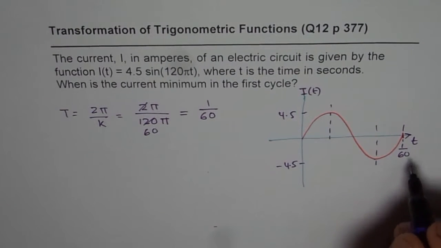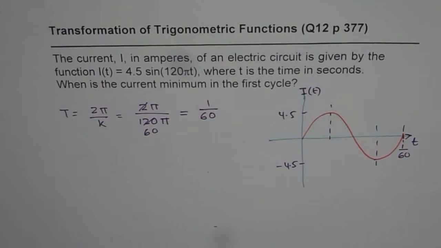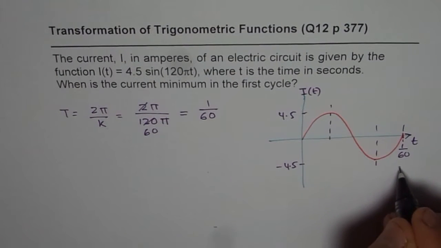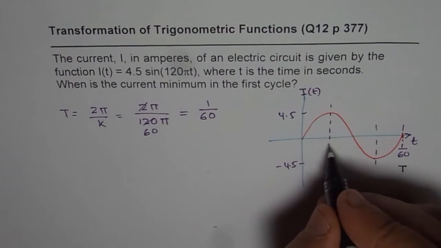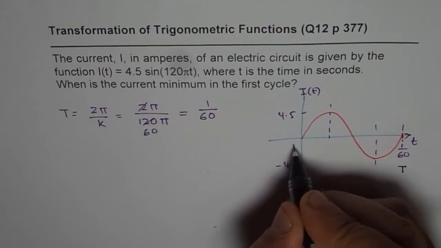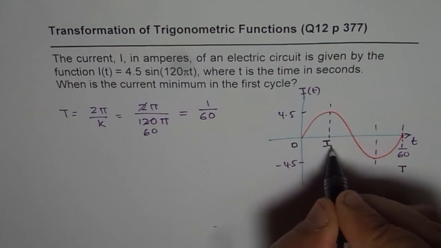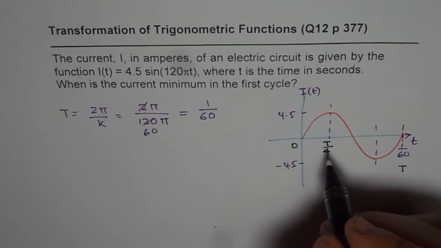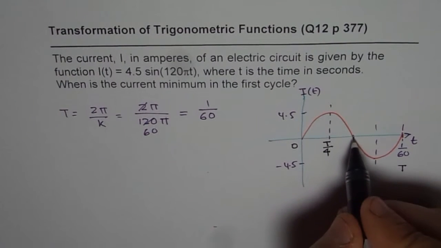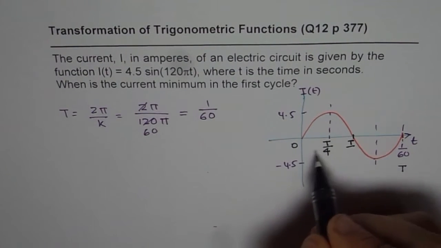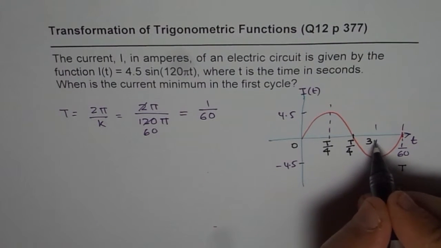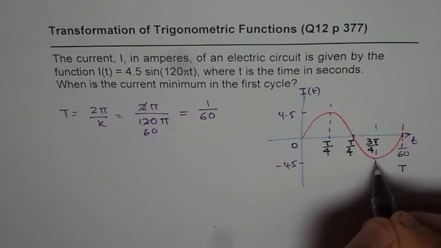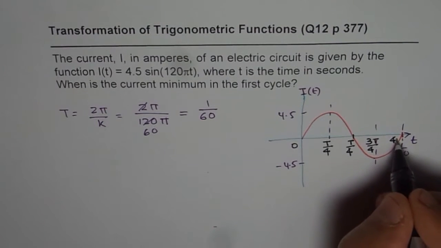As you know, if the time period is T, then at a fourth part of T it is maximum, at half of T it is 0, at three-fourths of T it is minimum, and at the fourth quarter of T it is again 0.